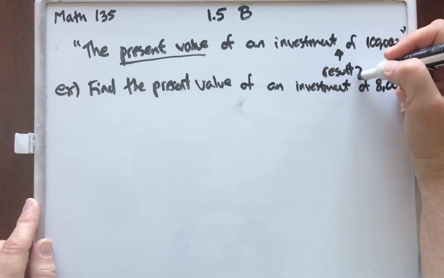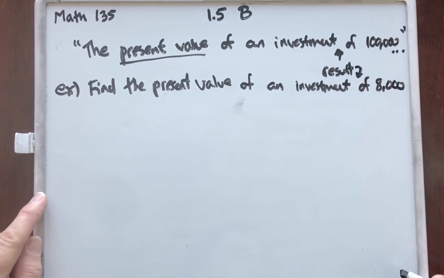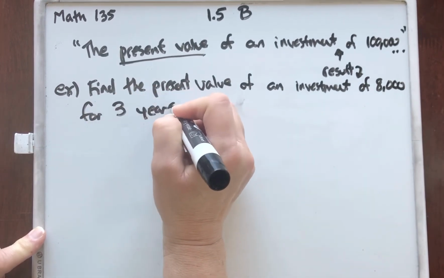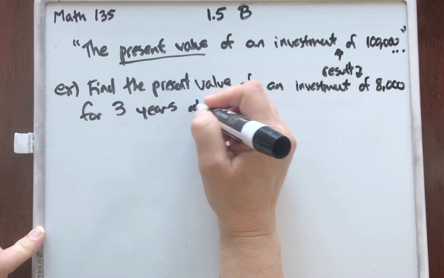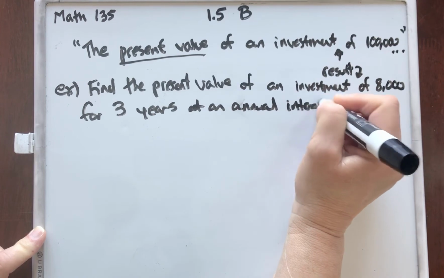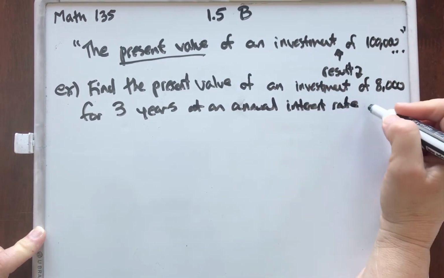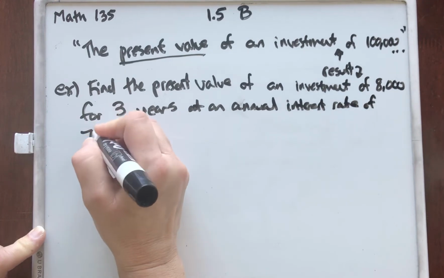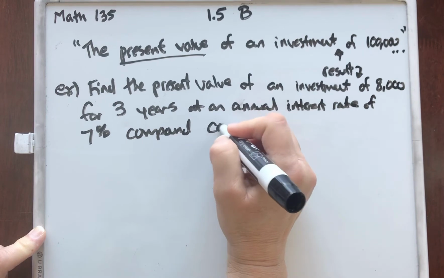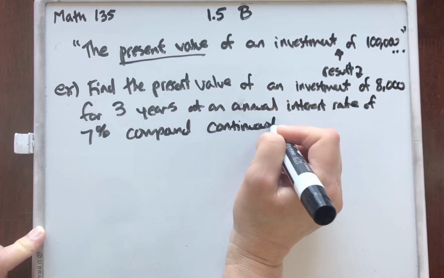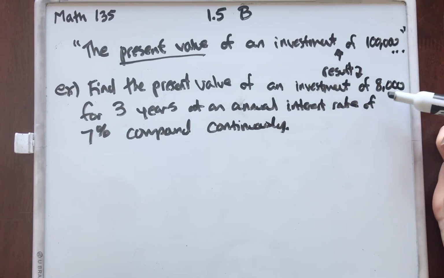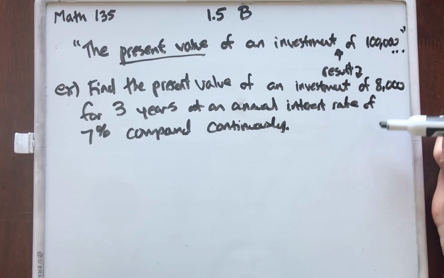Think of the word result in there: investment result of $8,000 for 3 years at an annual interest rate of 7% compounded continuously.